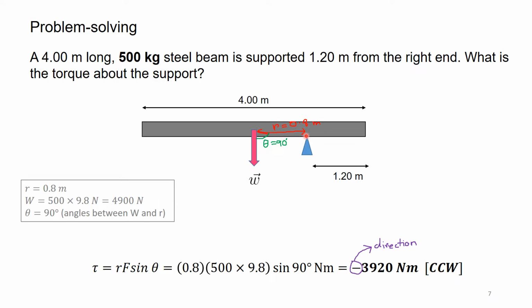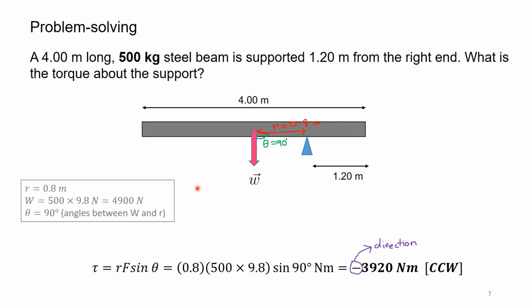Okay, now in this picture, the support is located to the right of the weight. So the support is located where the triangle here meets the beam, and the weight is pulling the beam downwards on the left side of the support. So imagine that you are pulling down on the beam at the location where the weight is.